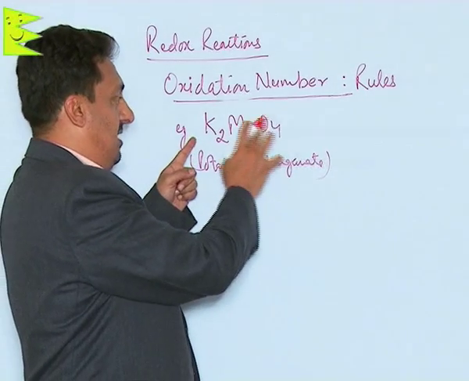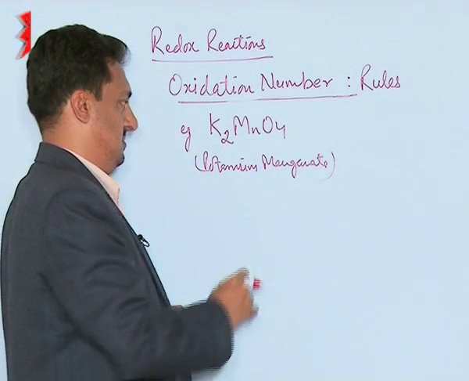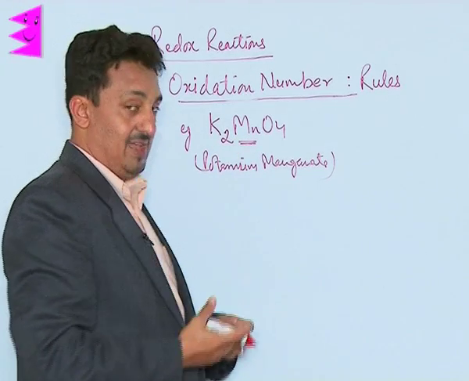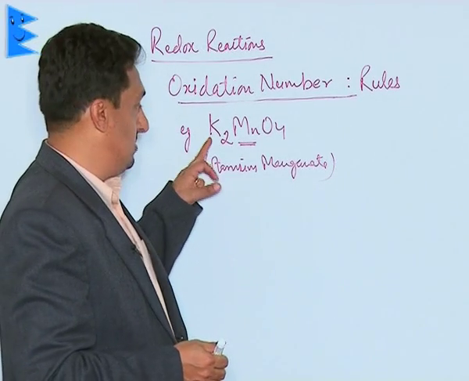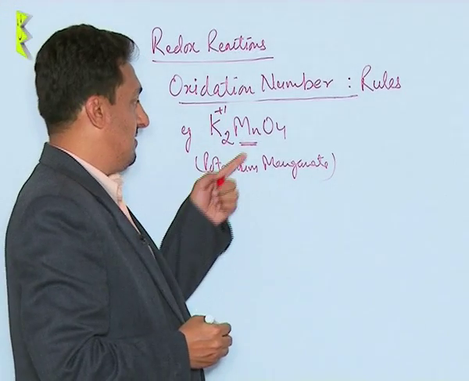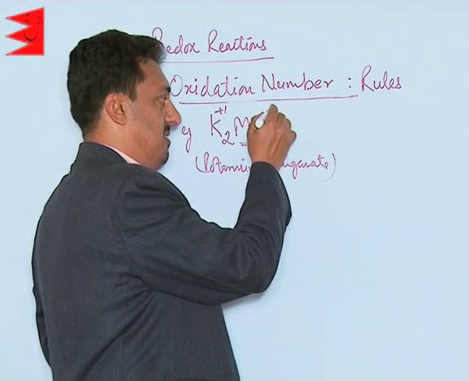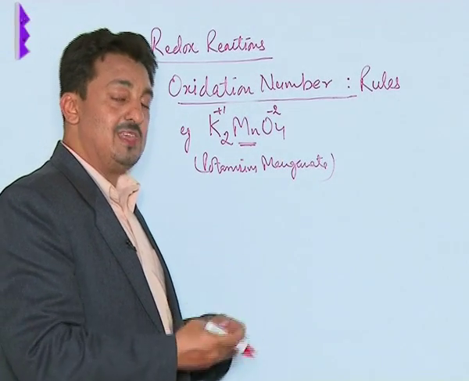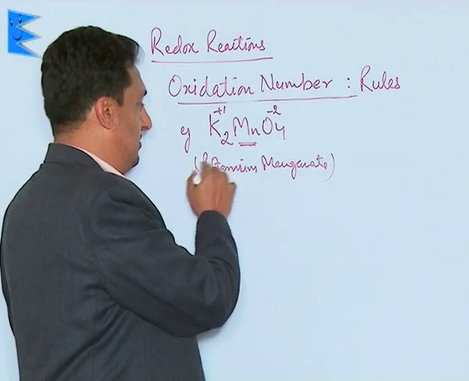Since the molecular species is neutral, it does not have any charge, we will have to find out how many electrons the manganese will be losing, because as per the rules we already know, since potassium is an alkali metal, it will exist in the +1 number. Since it is a normal compound of oxygen, present in the form of its oxide, oxygen will be in -2. So we will be eager to know how many electrons this manganese atom in this molecular species has lost or gained. So let us do it like this.